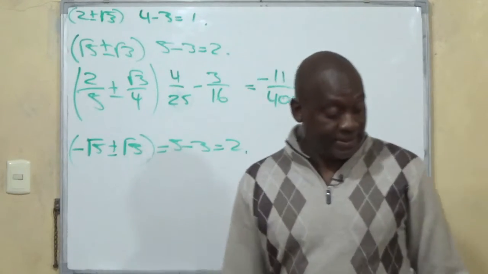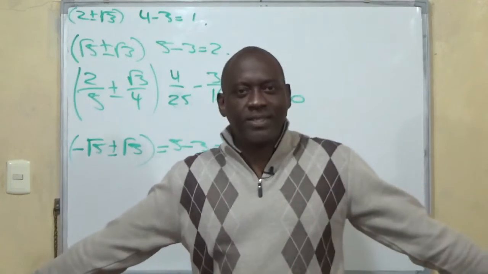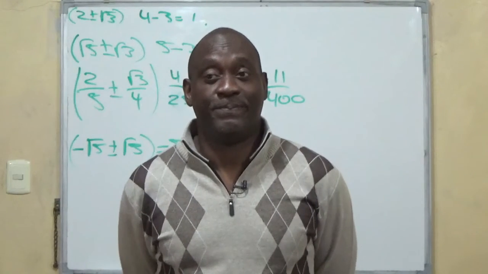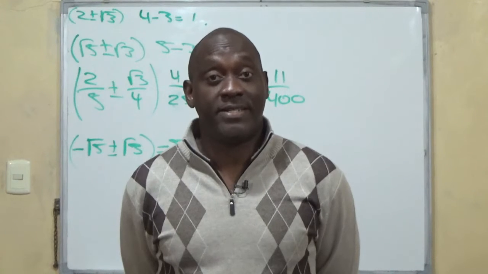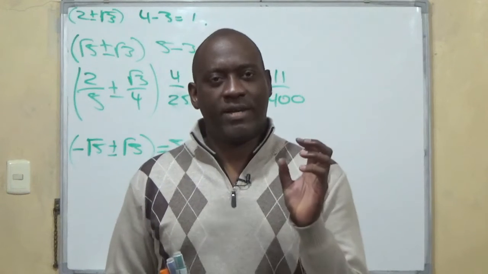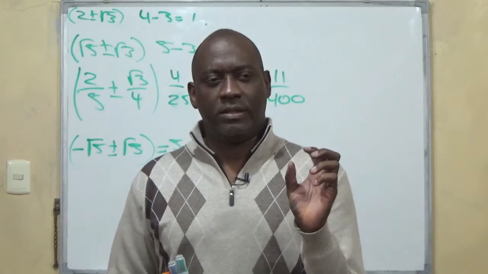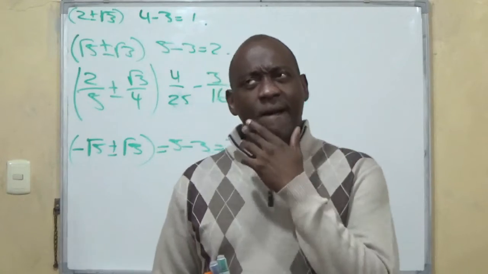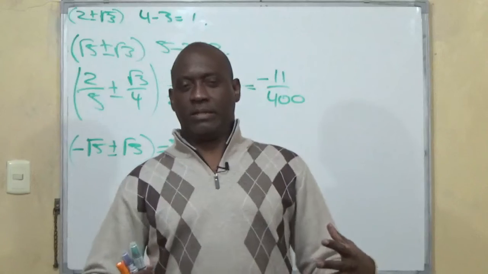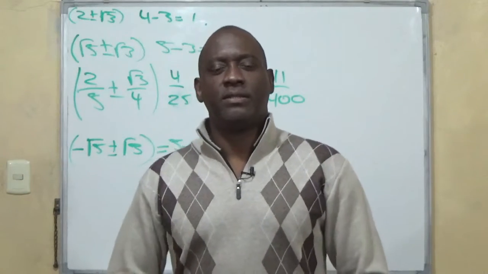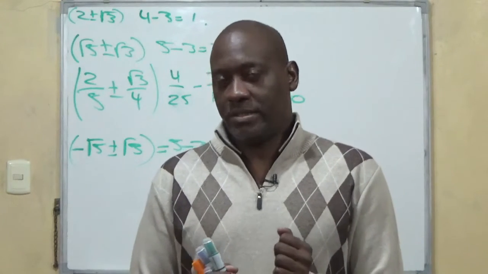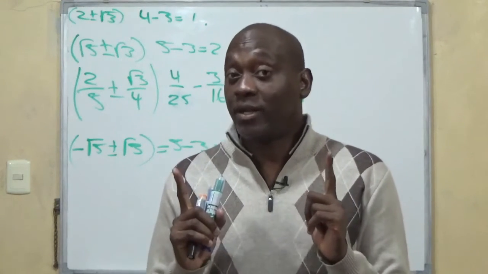All right. So what are we leading up to now? I want to show you something, and if you understand this, it will cut your work in half when you have to multiply a binomial surd, a compound surd, by its conjugate.